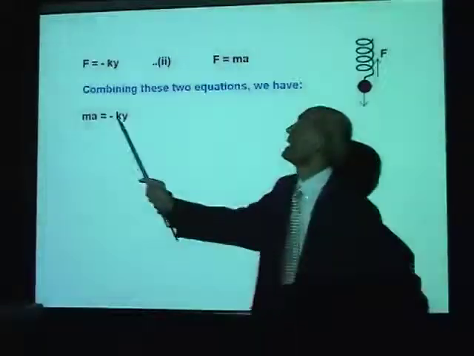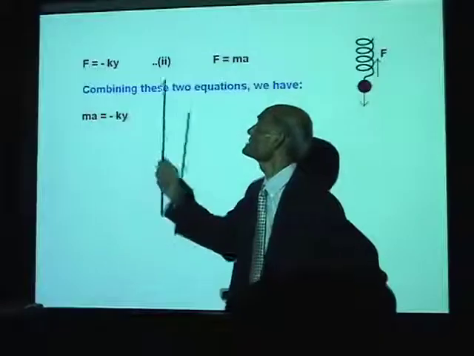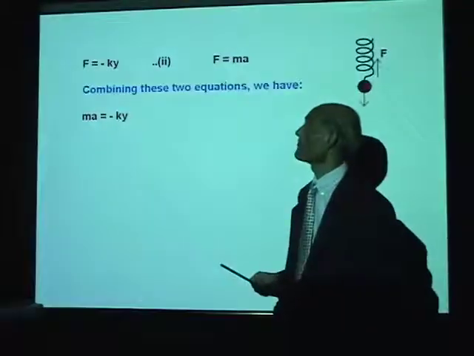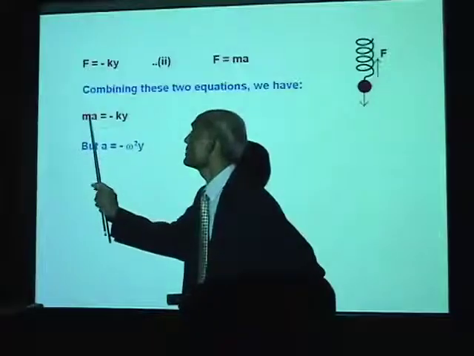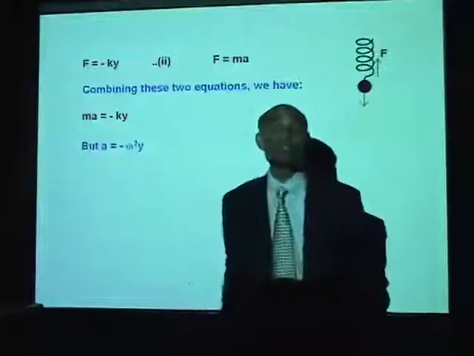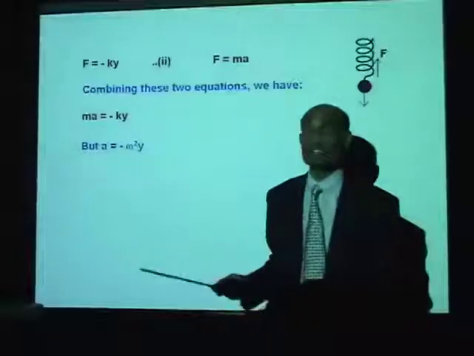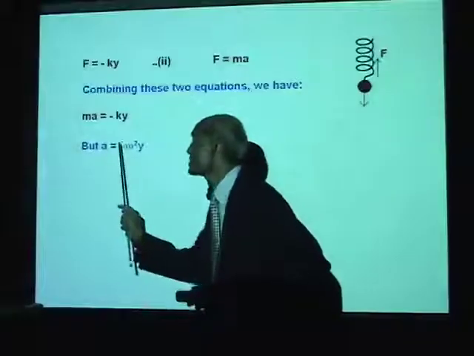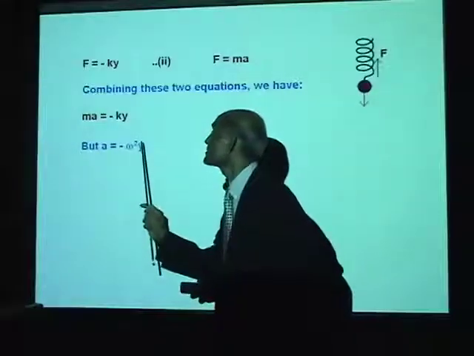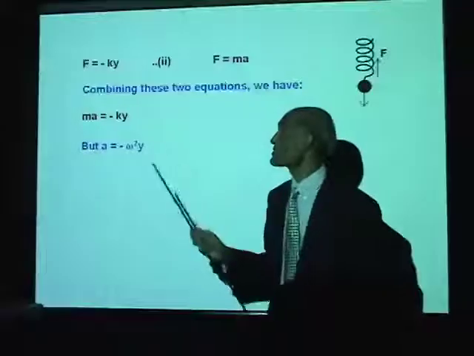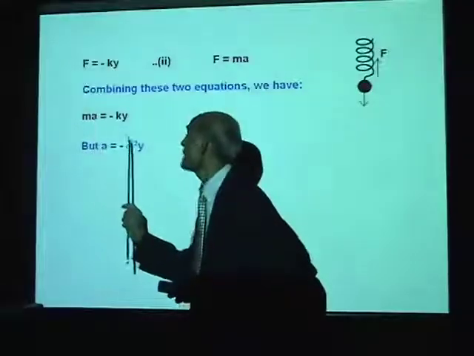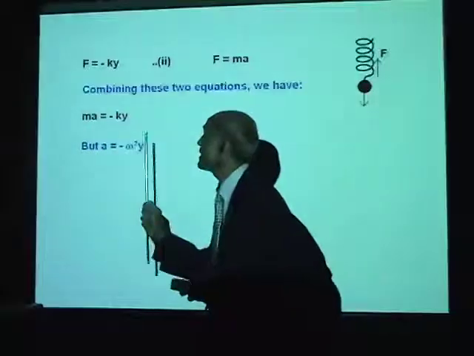And so, now, do you remember, when we discussed velocity and acceleration, we had said acceleration equal to negative omega squared y. Would you go back and have a look at that? So I'm going to replace this a by negative omega squared y.